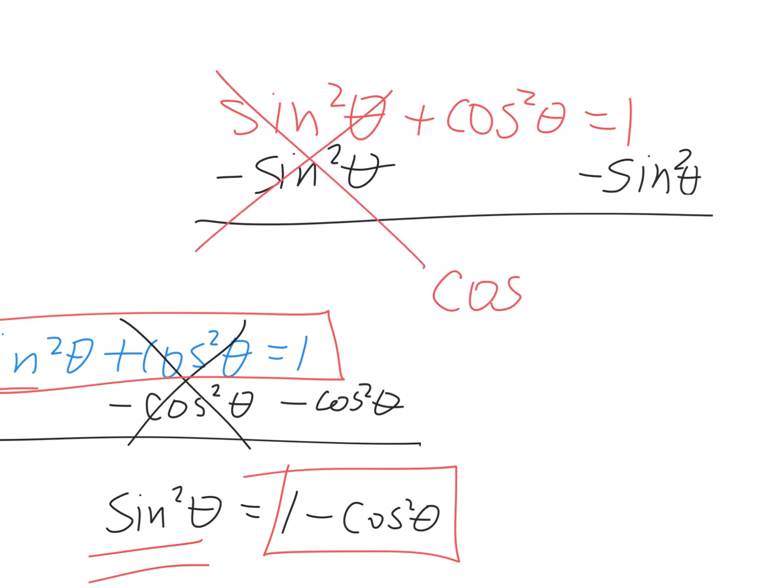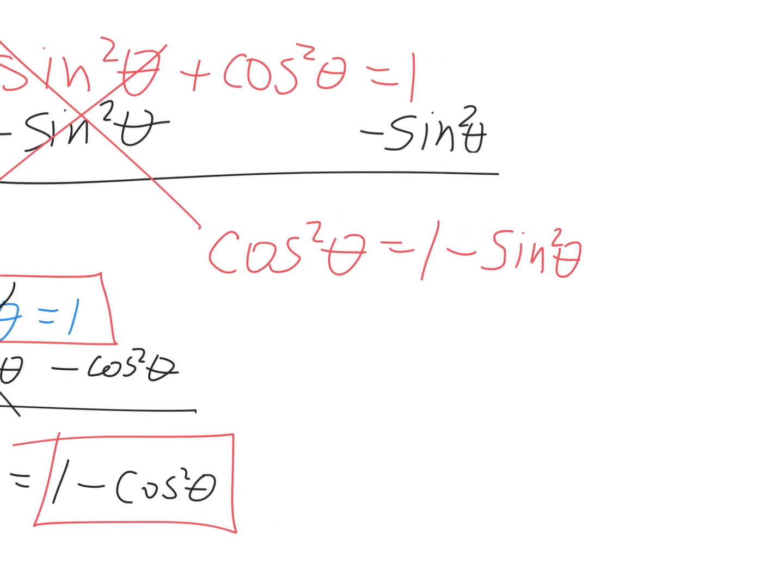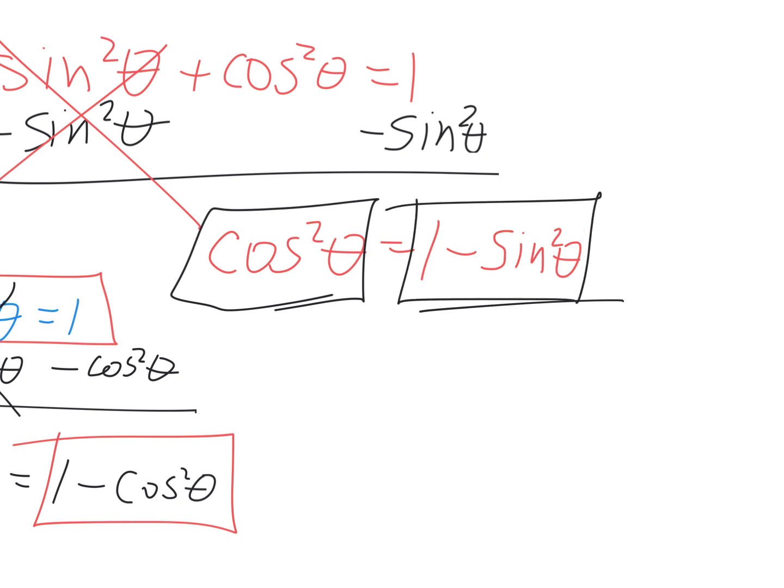So wherever you see cosine squared, you can put 1 minus sine squared. It's a rearranged fact. Wherever you see 1 minus sine squared, you can put in cosine squared, because it's just as much a fact as the original thing.